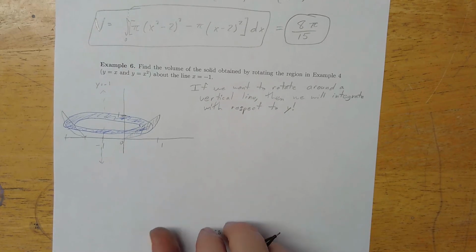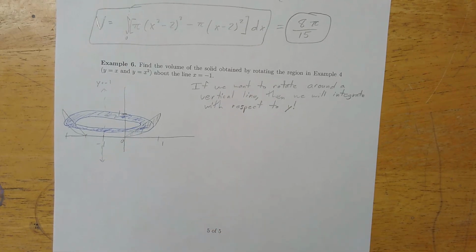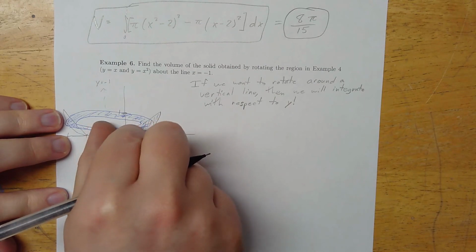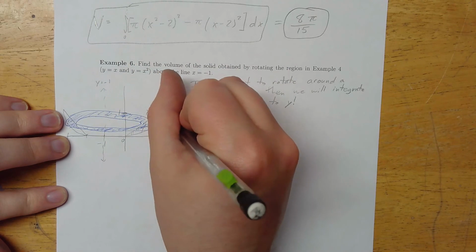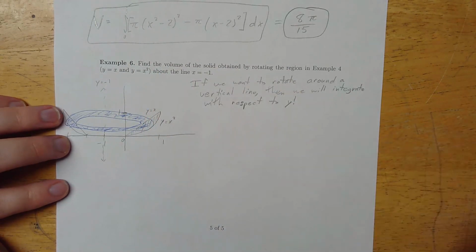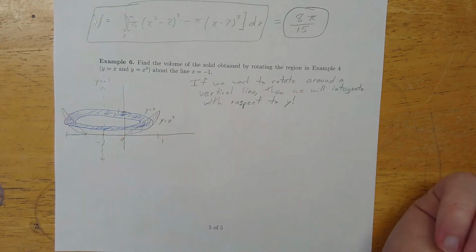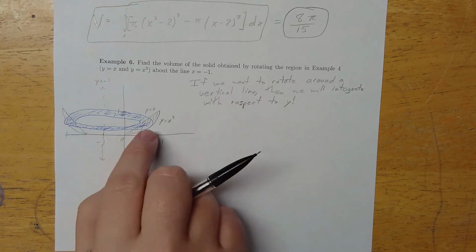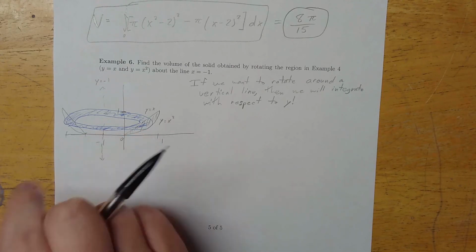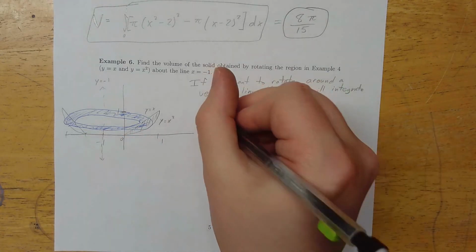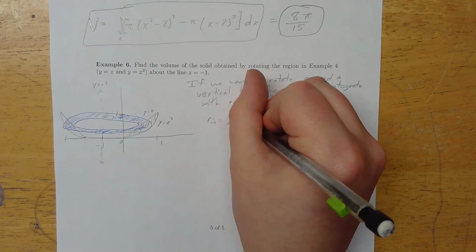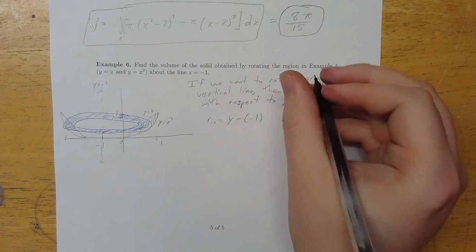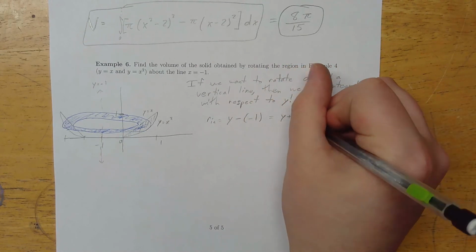So let's say we wanted to go ahead and find our inner radius. Here, the closer function is going to be our y equals x. Normally we would figure this out based on what these distances are in x, but in this case the inner radius is going to be y minus -1, or in other words it'll be y plus 1.